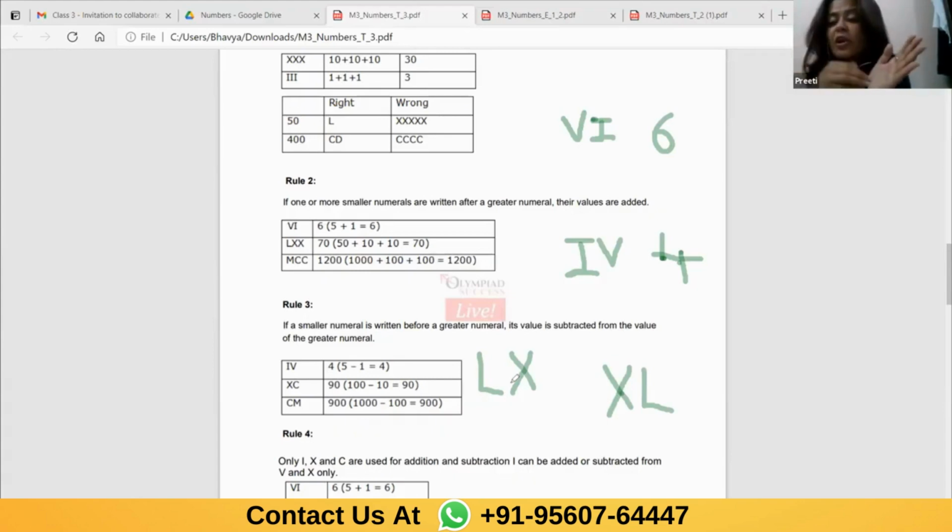Simple rule. If you are writing it on the right, that means addition. If you're writing it on the left, that means subtraction. I'm talking about the symbol of smaller value. The bigger value number will not change its place. It will remain at the same place. Only the smaller one will have to jump from right to left or left to right to make the smaller or the bigger number.